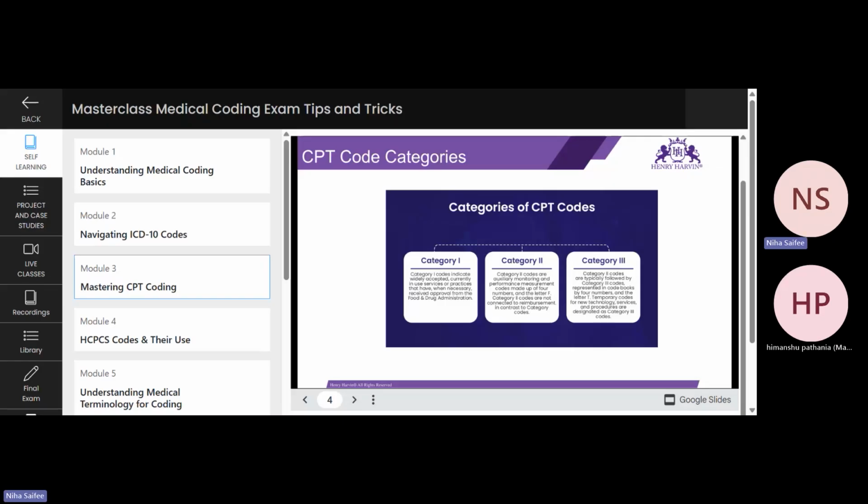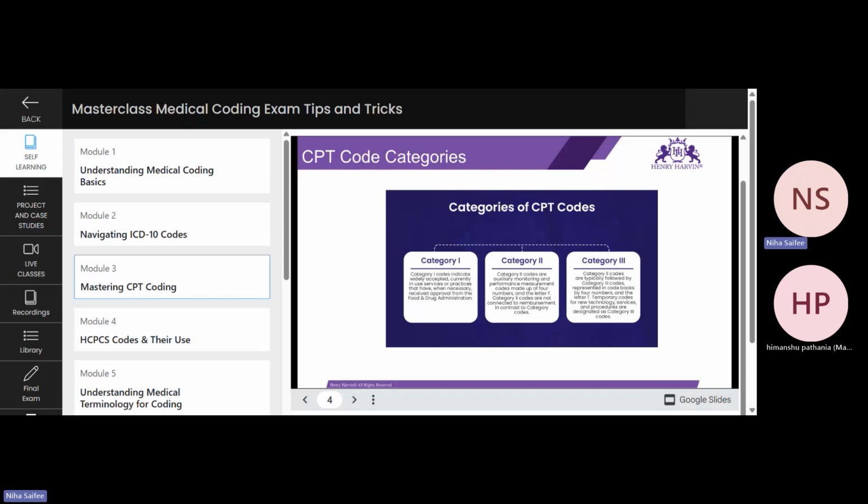That's why it is kept in category 3. For 5 years, it is checked how it is performing and whether the particular drug or service is useful. If it is useful after 5 years, it will be shifted to category 1. If after 5 years it's not proving beneficial, it is discarded from category 3 itself.